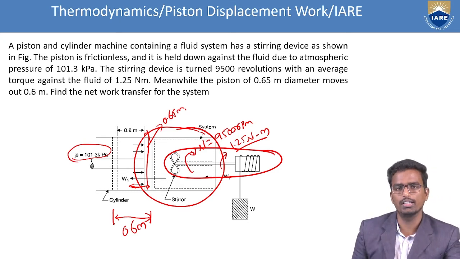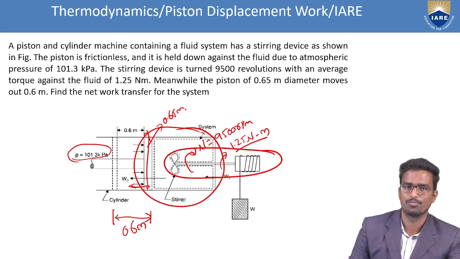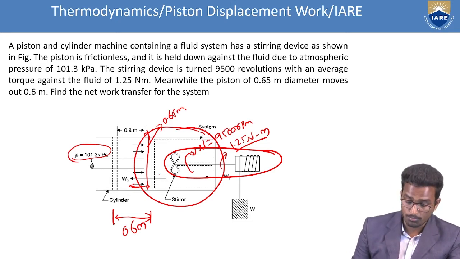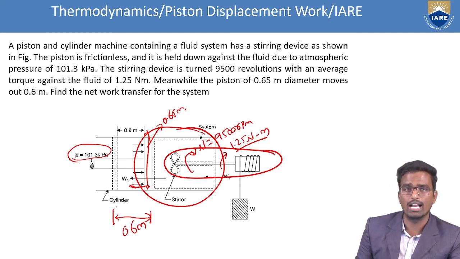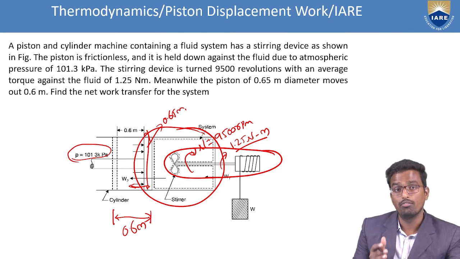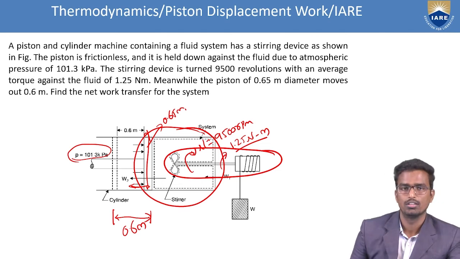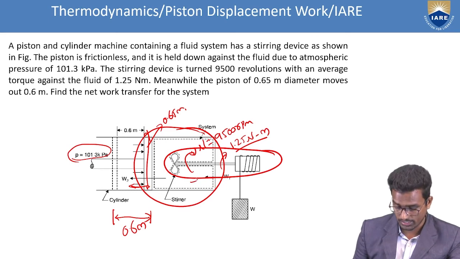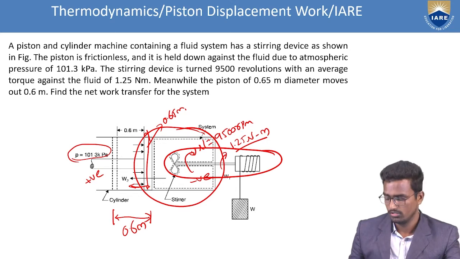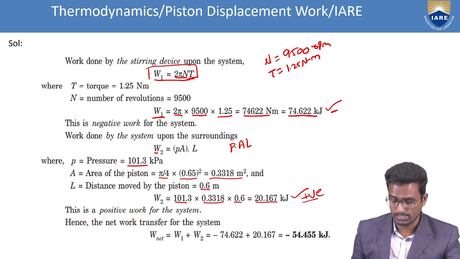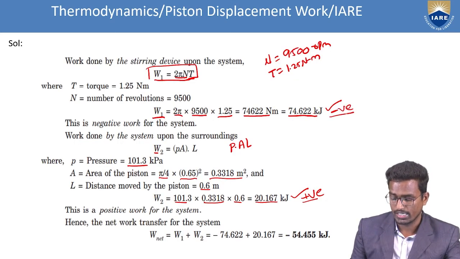Due to that, this is work done on the system, right? But because of this stirring, the piston is moving. So here the piston has done the work, nothing but work done by the system. Because of the stirring doing the work, it is negative. Because of piston movement, it is positive. So that's why you take this as positive and that as negative.